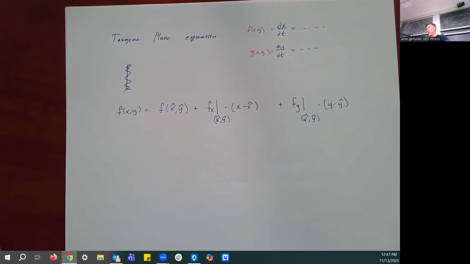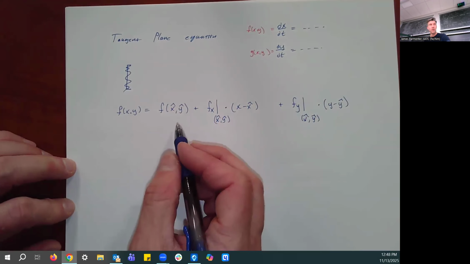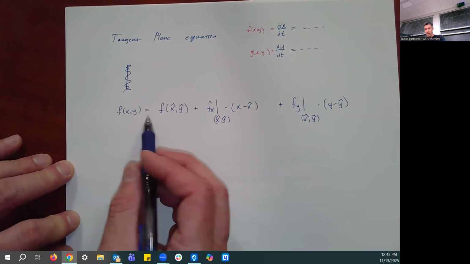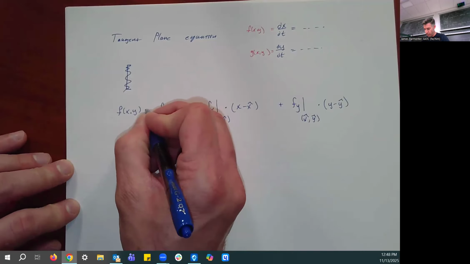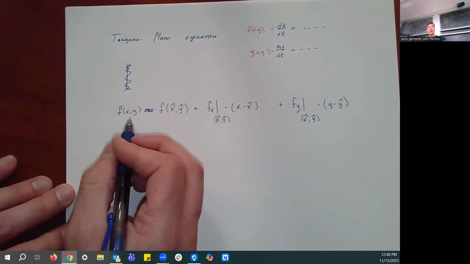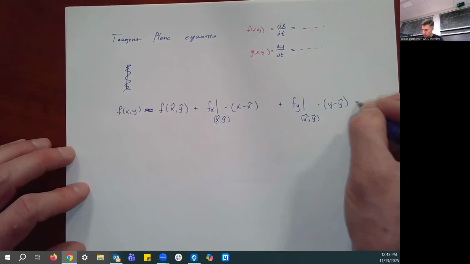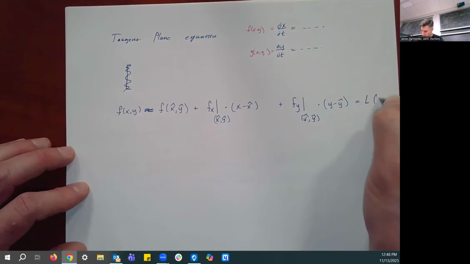So that is your tangent plane equation. Sorry, this should be approximately equal to, right? We are approximating f of xy with this linearization.